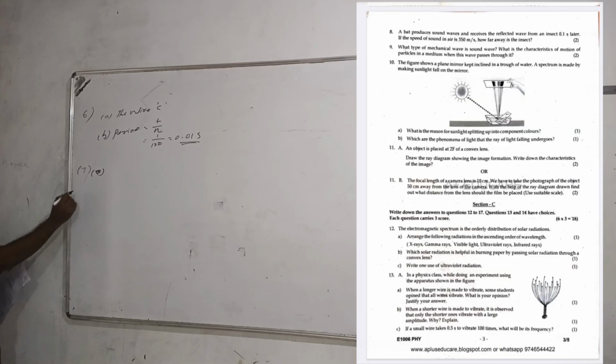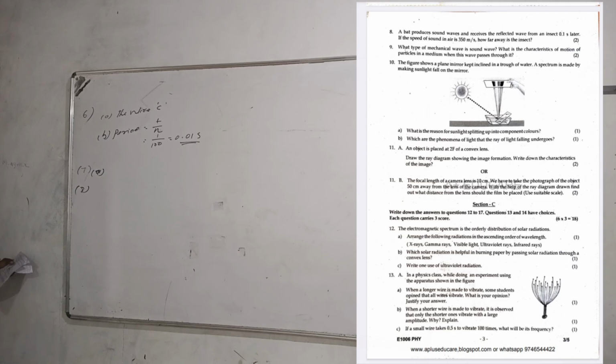Question number 8. A bat produces sound waves and receives the reflected wave from an insect 0.1 second later.